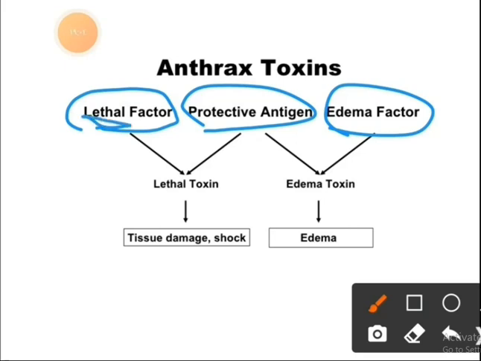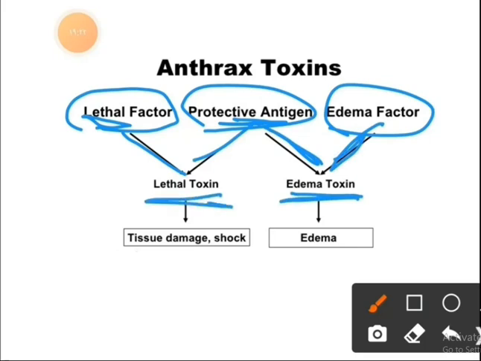The lethal factor with the protective antigen will form the lethal toxin, which has a lethal toxic effect on the tissues and cells, causing tissue damage and shock. The protective antigen with the edema factor will form the edema toxin, which will cause the edema which occurs in case of anthrax. So each one alone is not toxic.